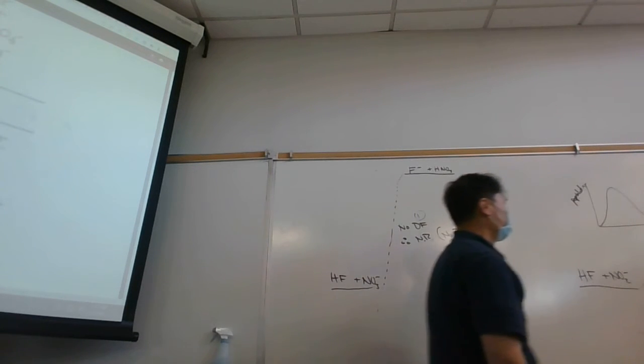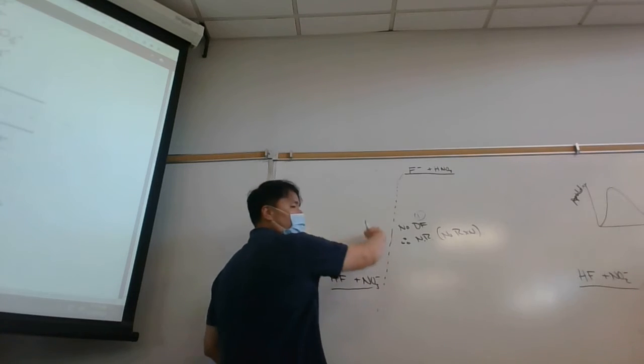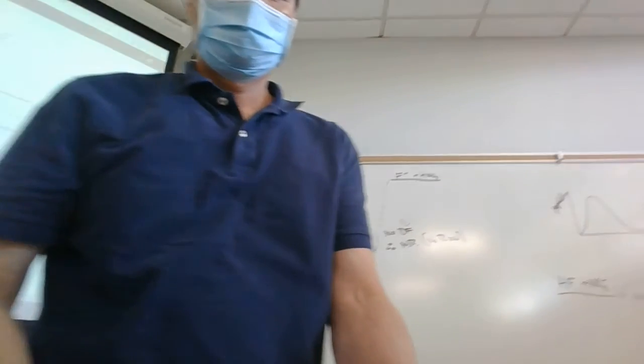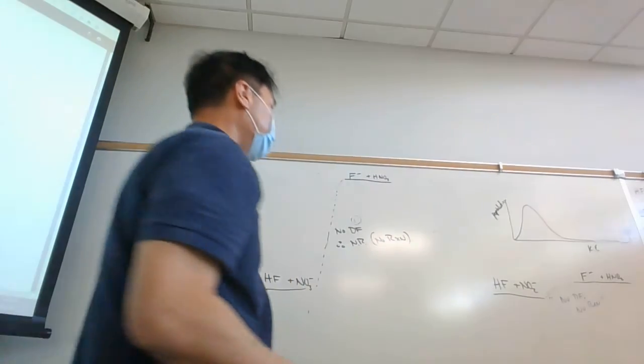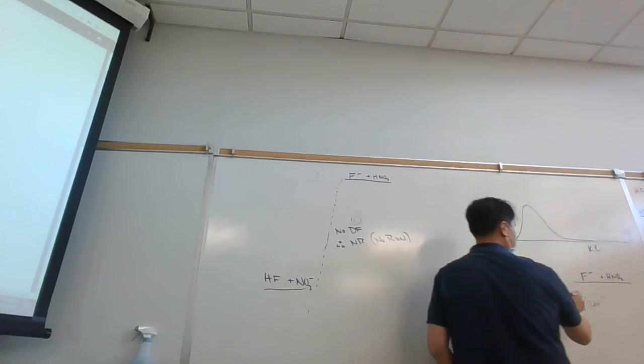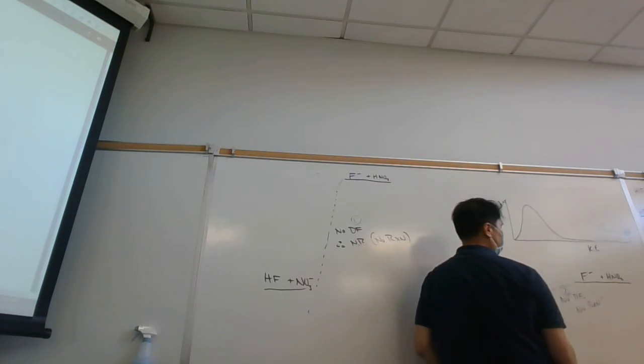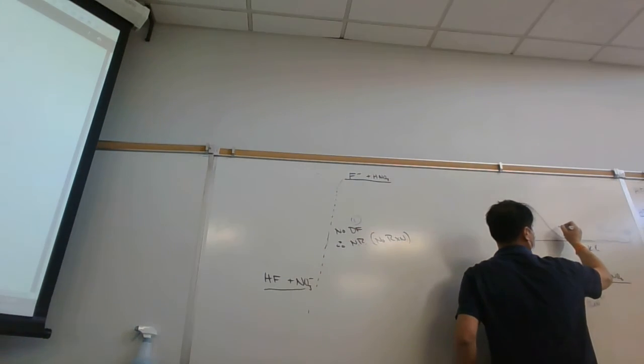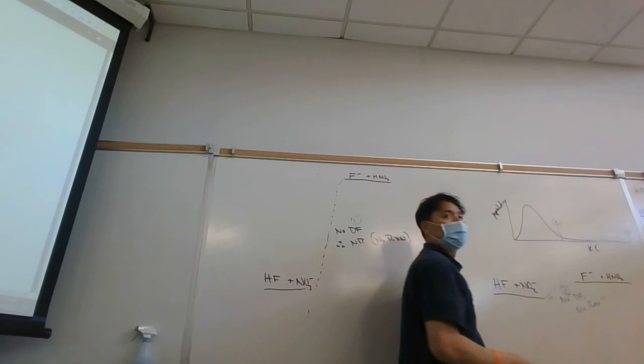And so there's pretty much zero population that's going to make it up the hill or close to it. However, the kinetic energy cutoff for this one, which we'll call 2, is more achievable here. And so we might have something like this.